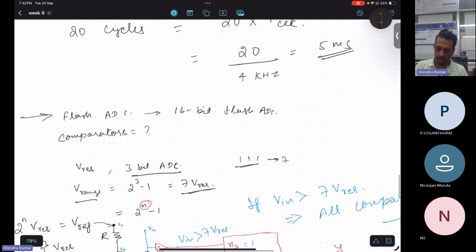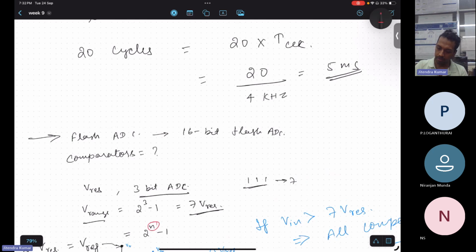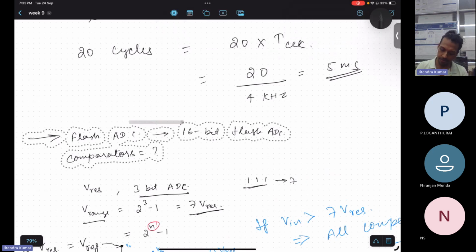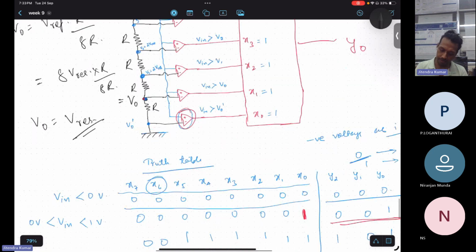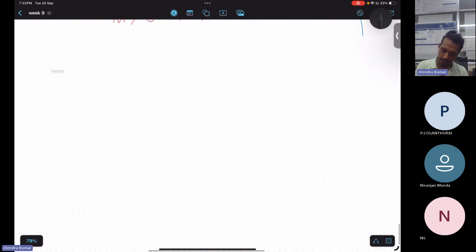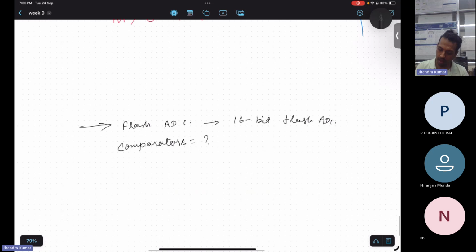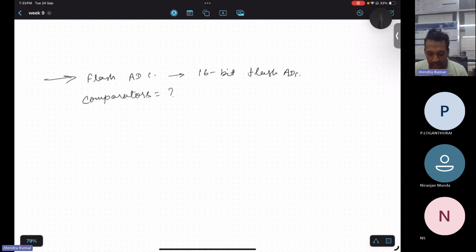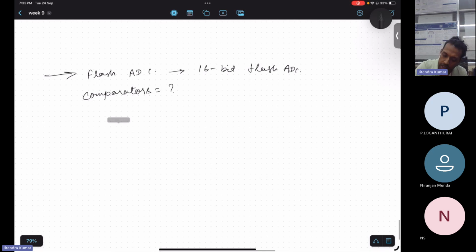Okay, great. So let us come back to our question. We have a 16 bit flash ADC. How many comparators will be required? 15, sir. 15 comparators will be required.